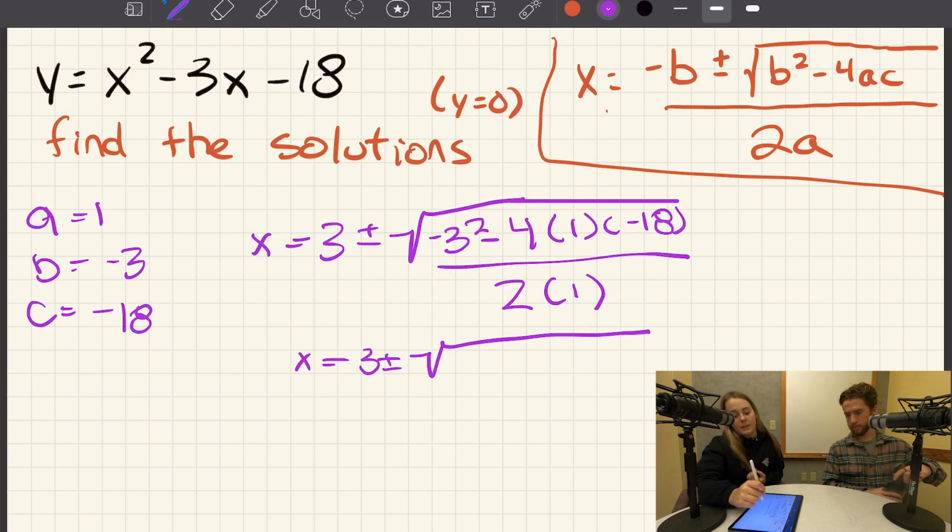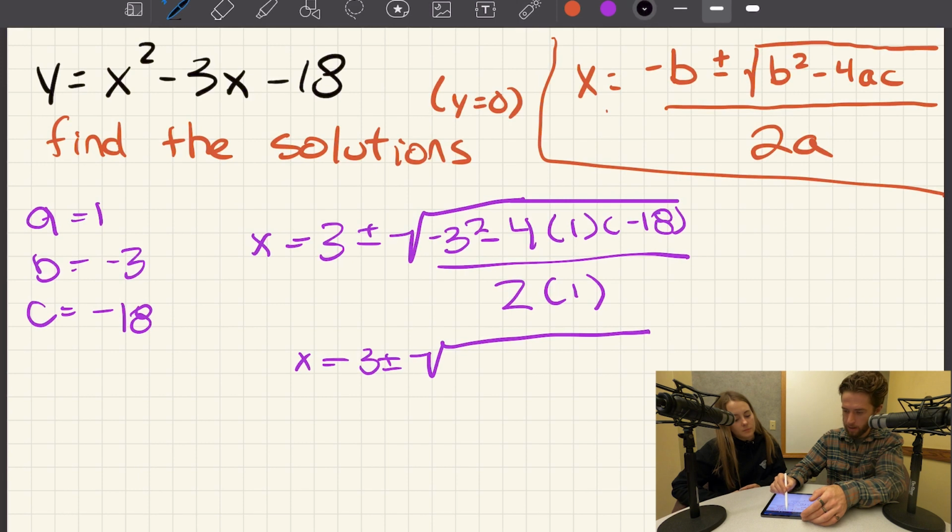Negative 3 squared would be negative 6. No, it would be negative 9. Here, let me toss one thing out real quick, because this is a common mistake.